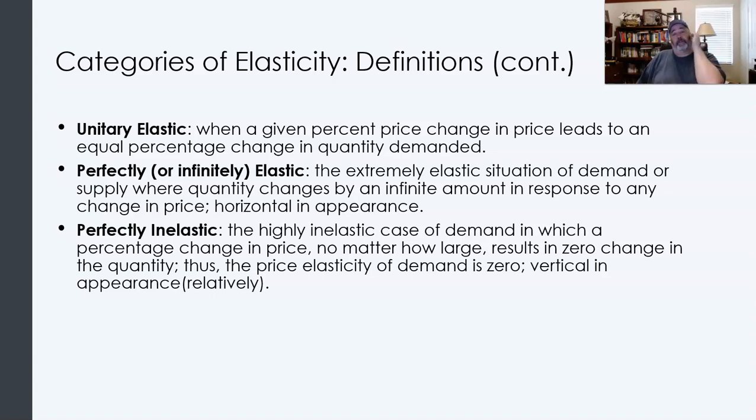A good can be perfectly inelastic, at least theoretically, and that would be a perfectly vertical supply or demand curve. The only example I can really think of might be life-saving medication, insulin, that kind of thing. Doesn't matter how much it costs, you've got to have it. You could argue that's perfectly inelastic.